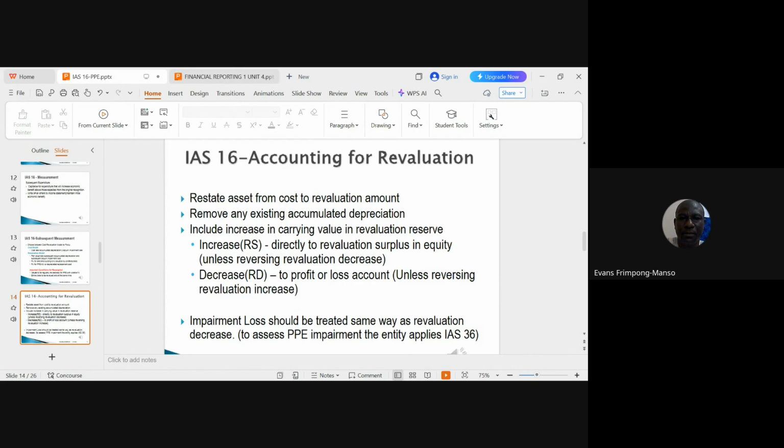When you get a loss or a decrease, you take it to the profit or loss account. Impairment loss is also treated the same way as revaluation decrease. So note that one also.